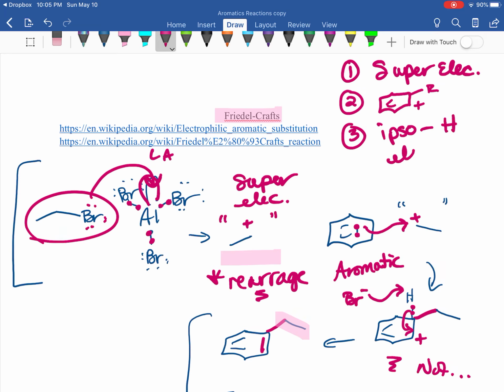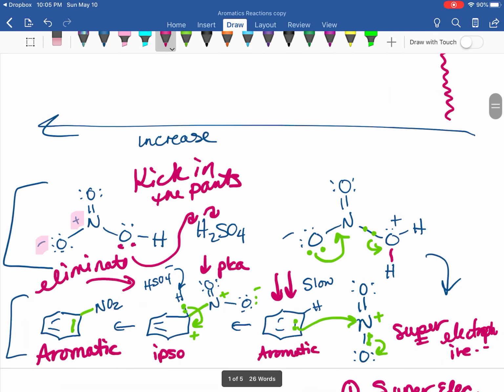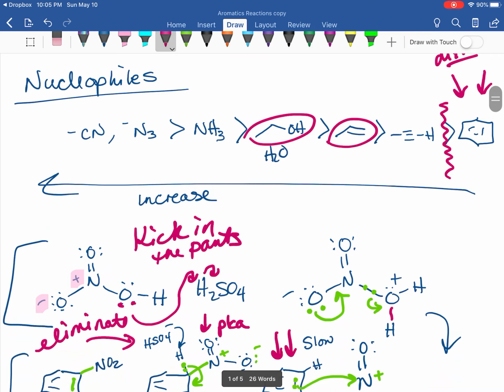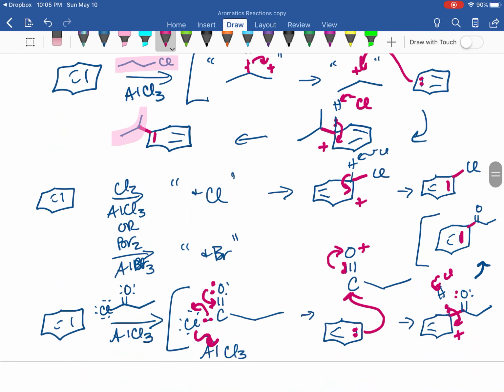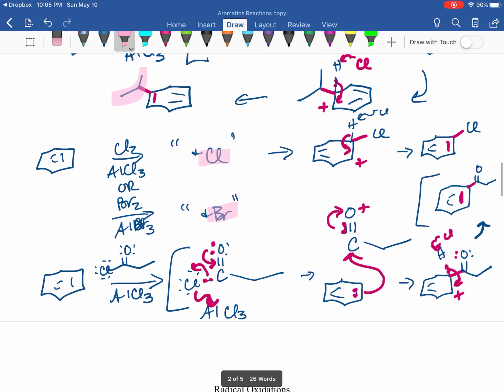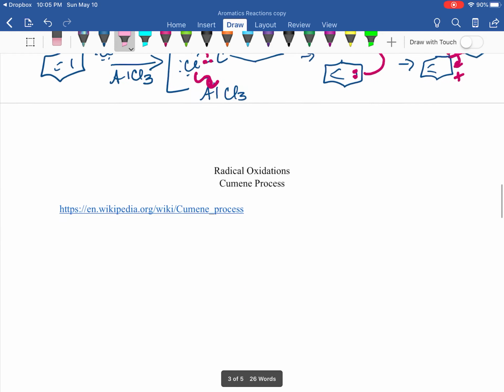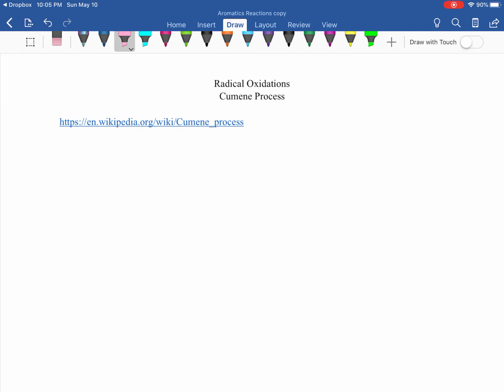And then you will always, always eliminate that ipso hydrogen because you have to form the aromatic ring again. And it has to be that ipso hydrogen or you're not in conjugation in your ring and it's not going to happen. So each one of these, between the nitration and the Friedel-Crafts, they all follow that same process. Each one of the mechanisms, the only difference might be your super electrophile. It might be something different.